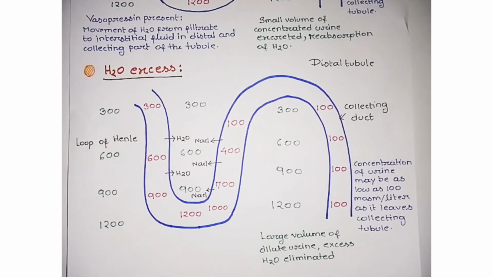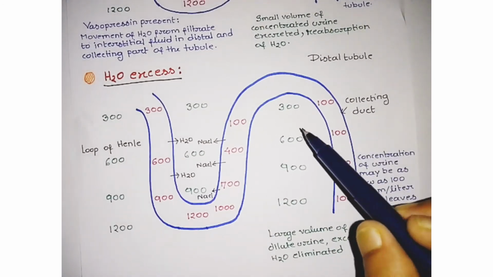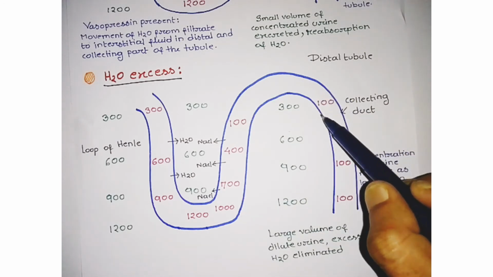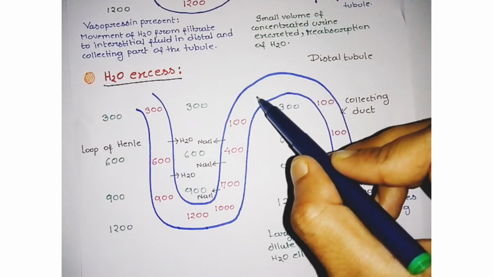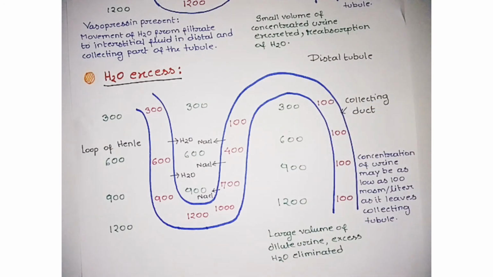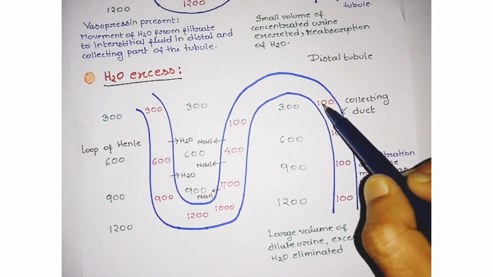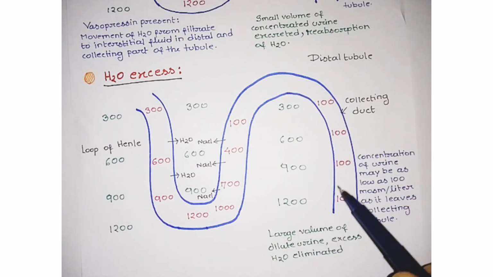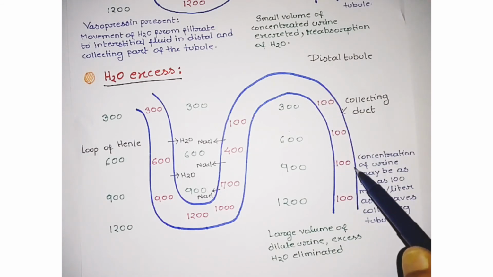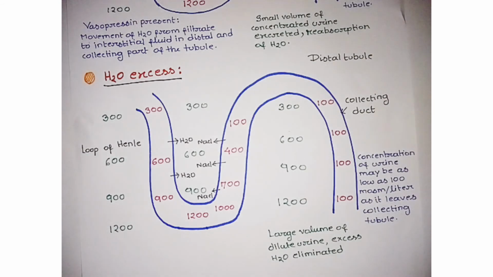But in this case there is no movement of H2O, because there is no water channel present in the distal part of the tubule. So the less concentrated urine is ultimately excreted out from our body.